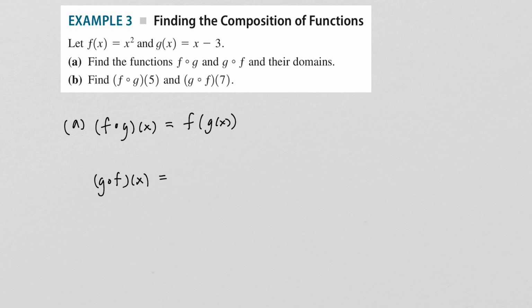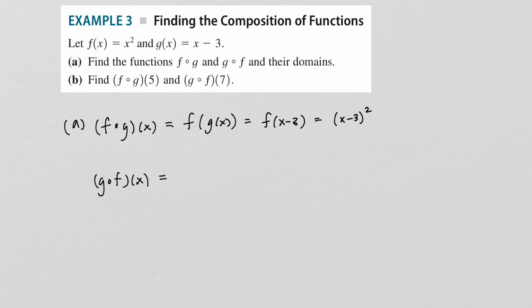So in this case, to actually figure it out, you could simply say we know g of x is x minus 3. So I can replace g of x here with x minus 3. So this becomes f of x minus 3. And of course, this means we're going to take x minus 3 and plug it into the f function. So we're going to replace the x here with x minus 3. And so this becomes x minus 3 quantity squared.